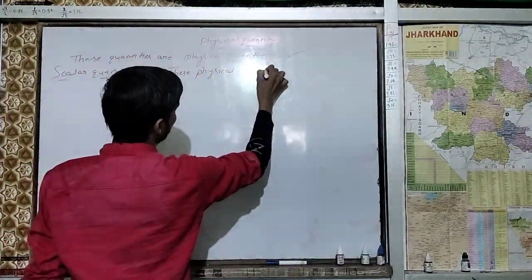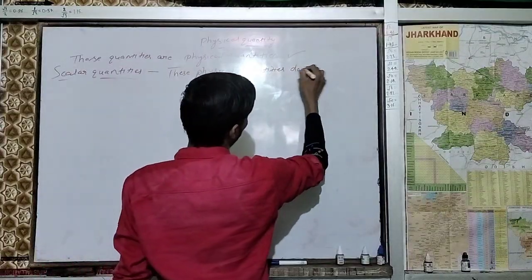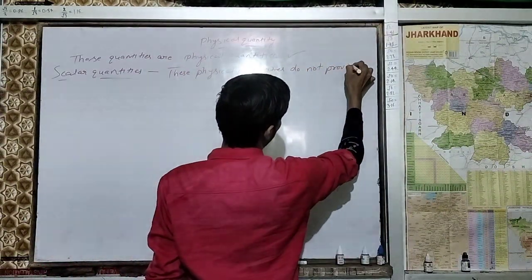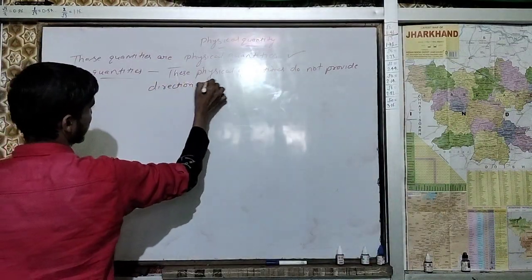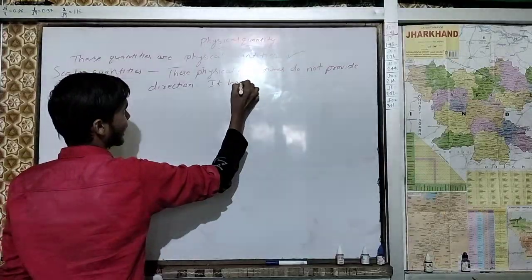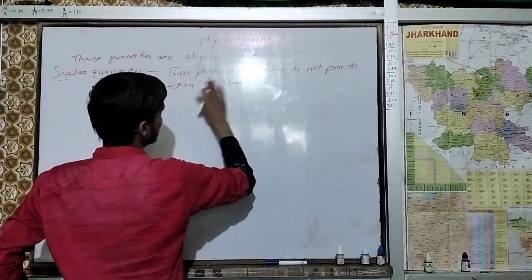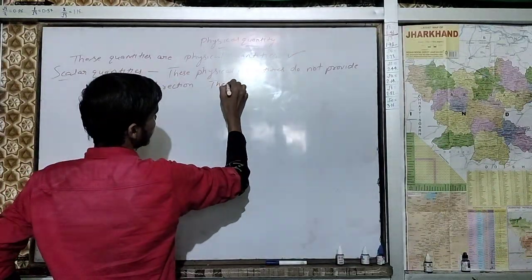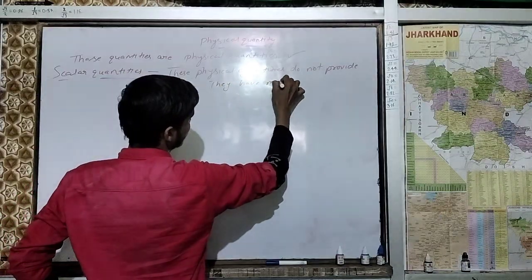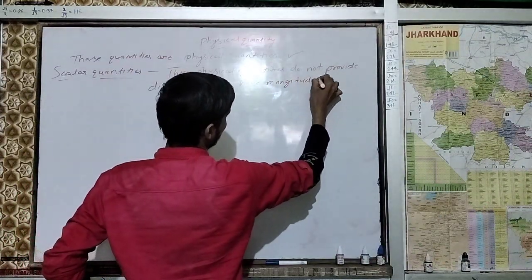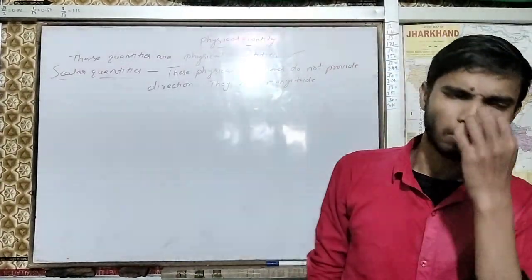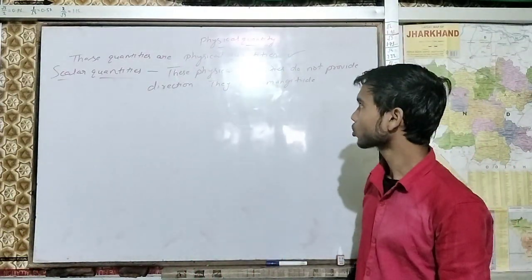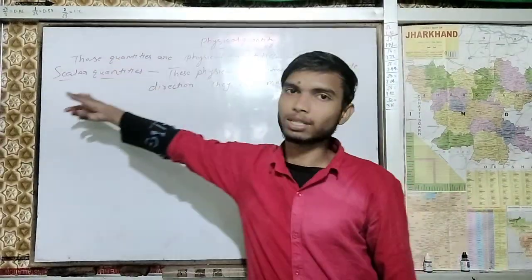They have magnitude. Okay, so magnitude is nothing but value plus unit, number plus unit. This is the definition of a scalar quantity.